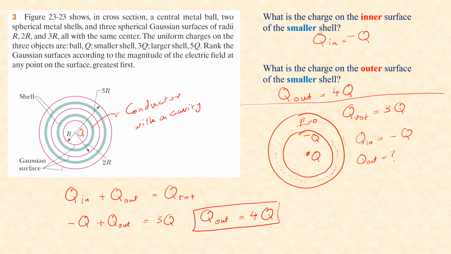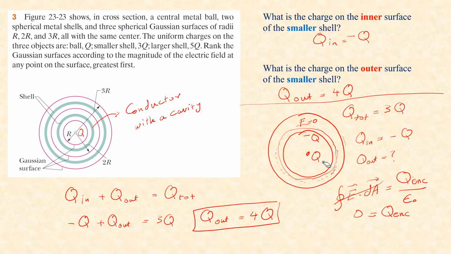So for this Gaussian surface, the integral of E dot dA equals Q enclosed divided by epsilon naught. E is 0 everywhere on the surface, so this integral is 0. That means Q enclosed is 0. Therefore, if there is a Q here, there should be negative Q somewhere, right?